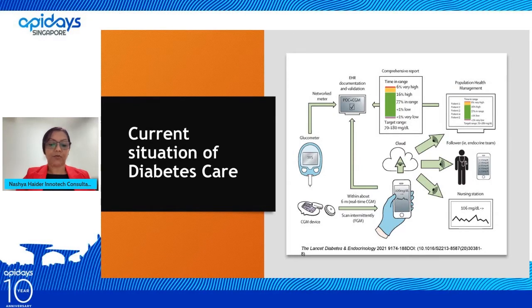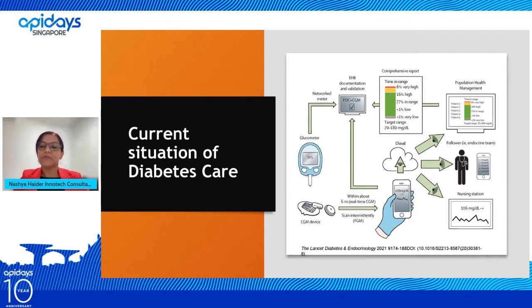From the smartphone, the sensor glucose data can be transferred to the cloud, and from there to real-time followers who are your healthcare providers in an endocrine team in a hospital, as well as to a dashboard software such as LibreView from Abbott or Dexcom Clarity for comprehensive assessment of multiple patients.